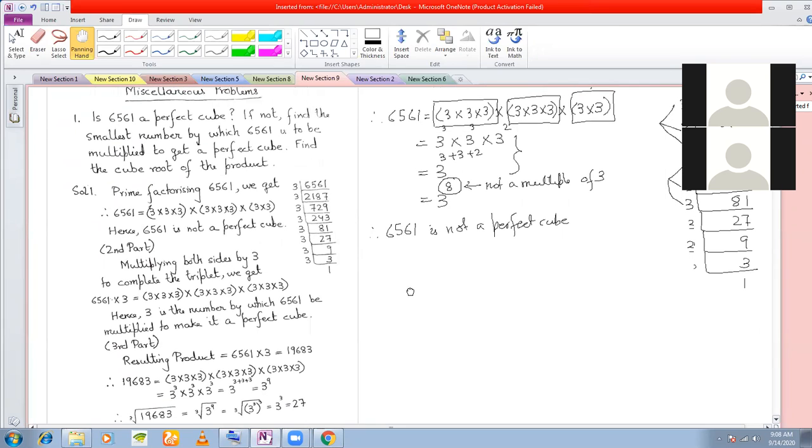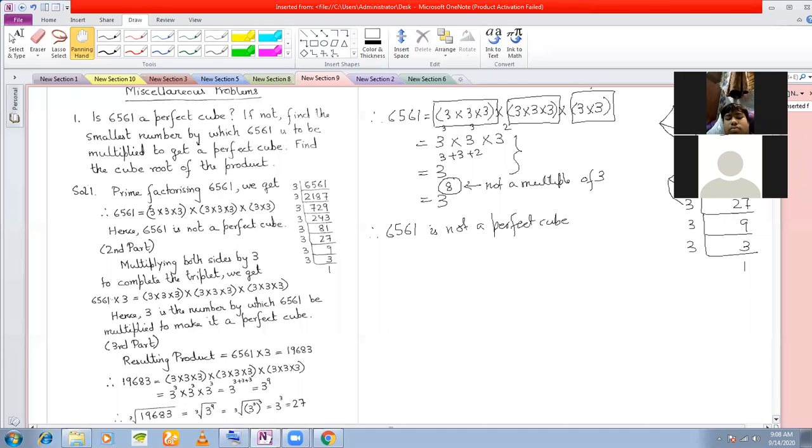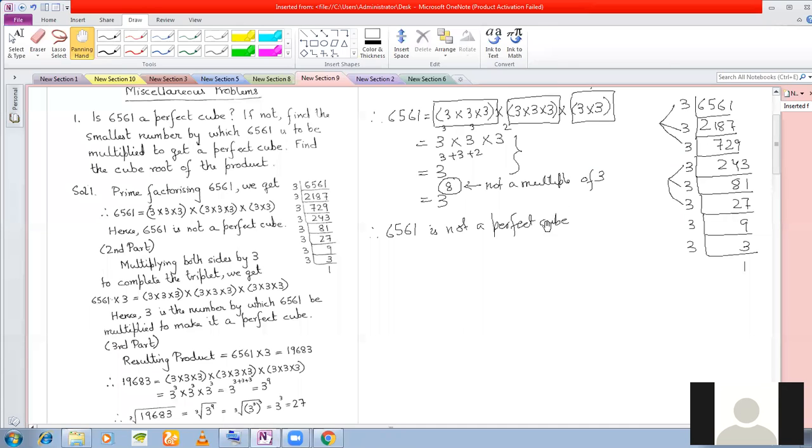So again we look at the prime factorization of 6561, this is what we had got.